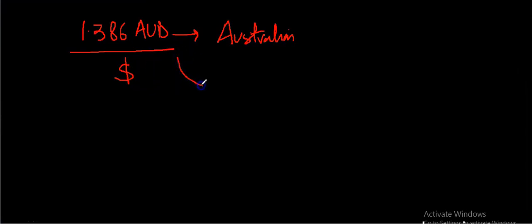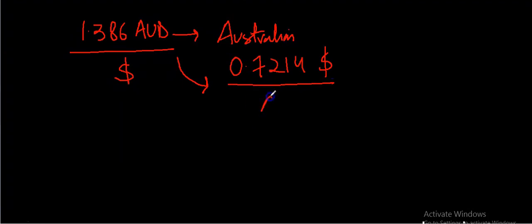To convert this direct quote into an indirect quote, I need to invert this quote, and it will become $0.7214 for an Australian dollar. Now this quote is an indirect quote for an Australian and a direct quote for a US citizen, because dollar is a numerator currency.